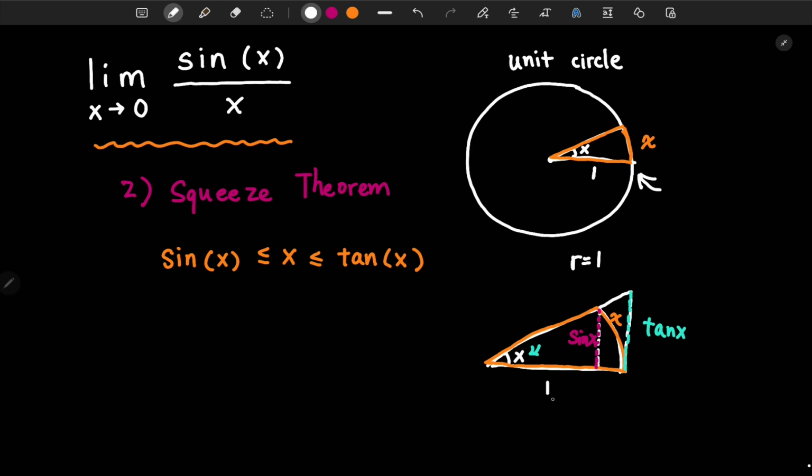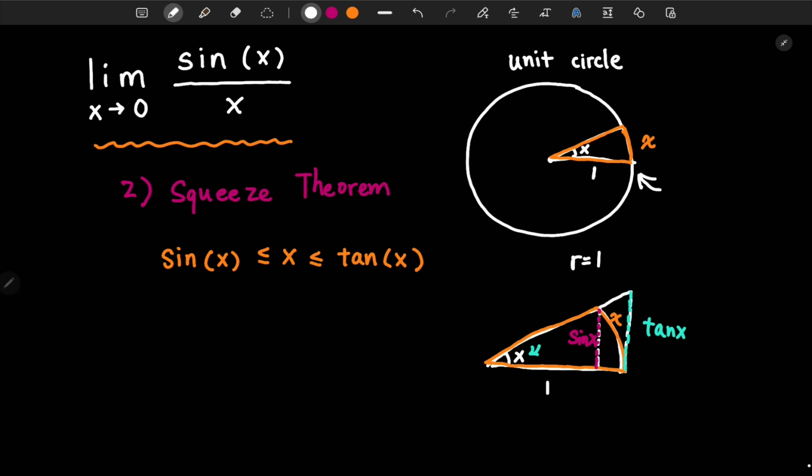Using this unit circle, we have proved that sine x is smaller than or equal to x, and tangent x is greater than or equal to x as well. So we have proved this inequality is correct.